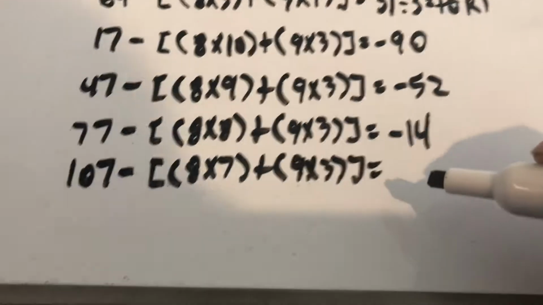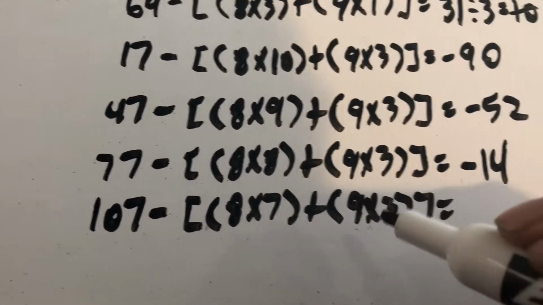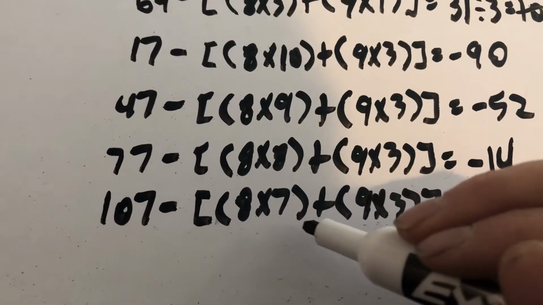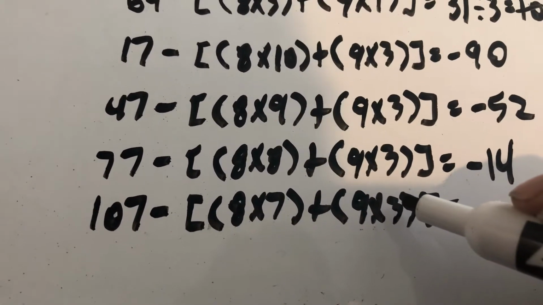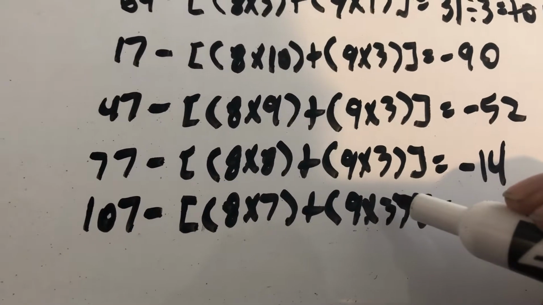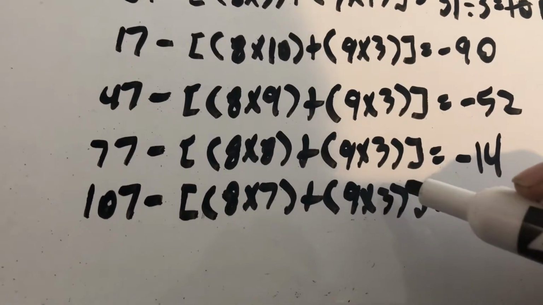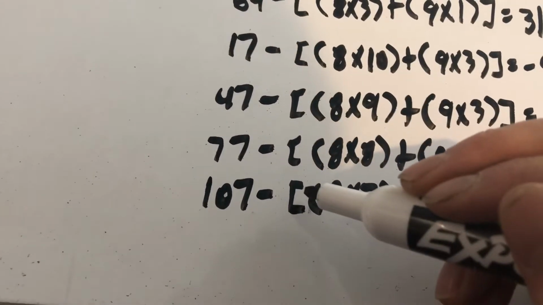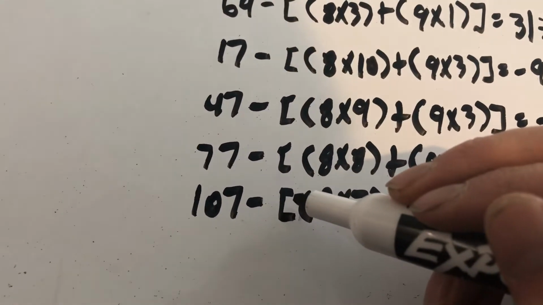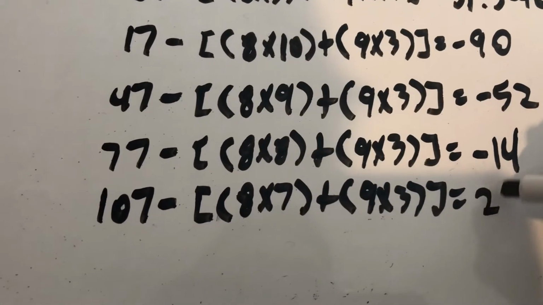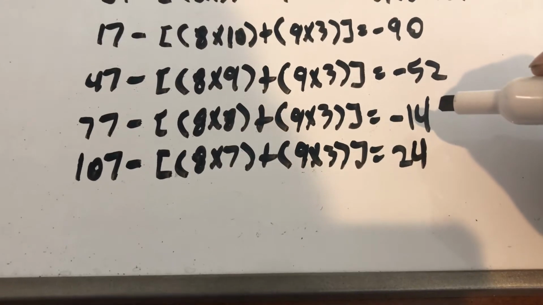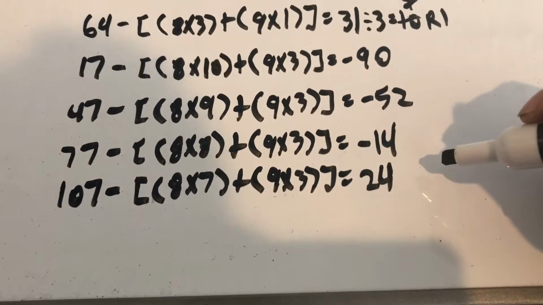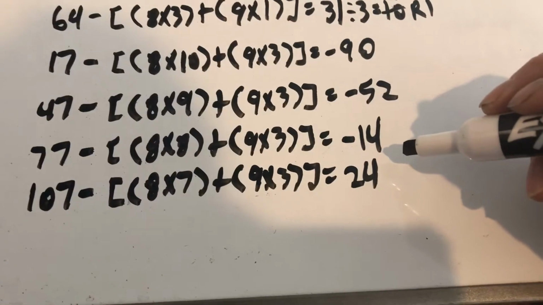Now we can calculate 107 minus 8 times 7 plus 9 times 3, which equals 56, 27, 83. So 107 minus 83 equals 24. Yeah, so 24 is our net dividend.